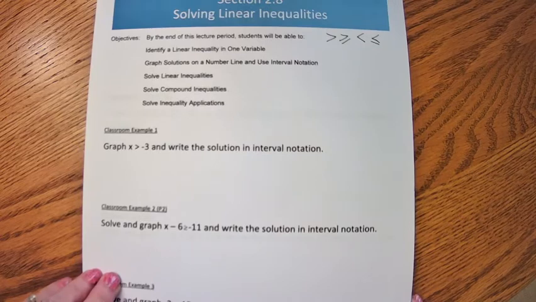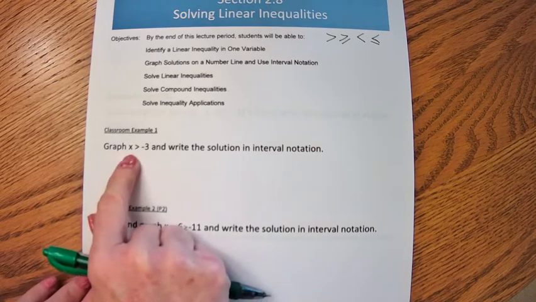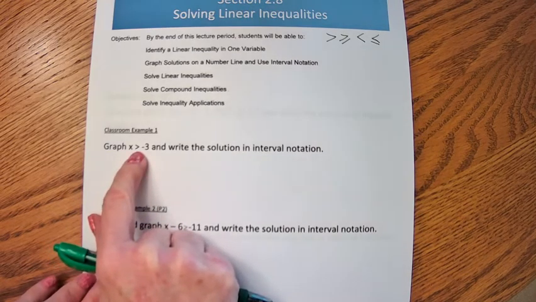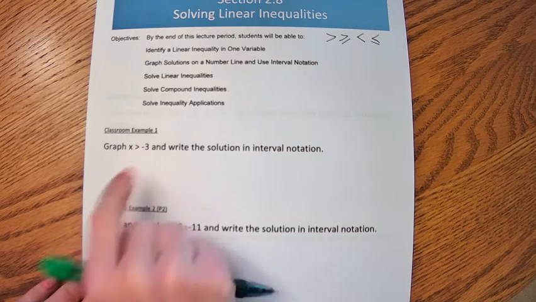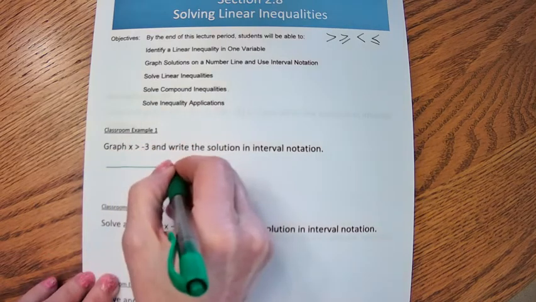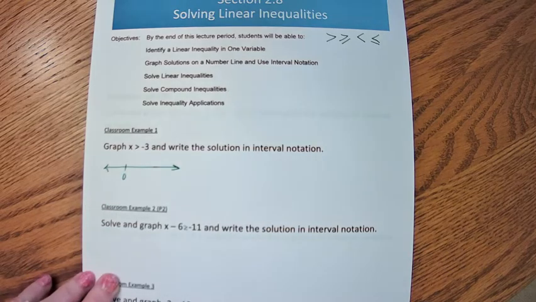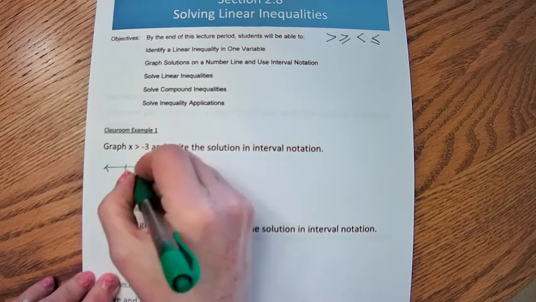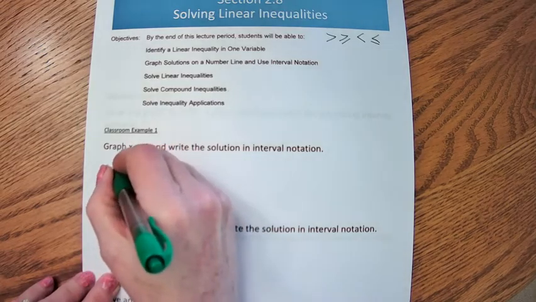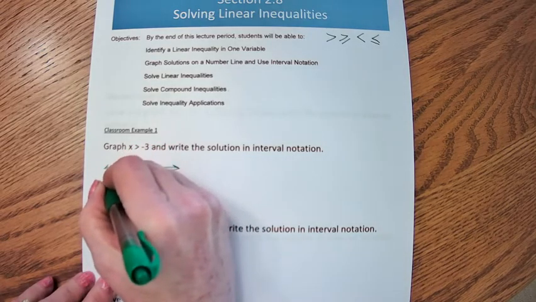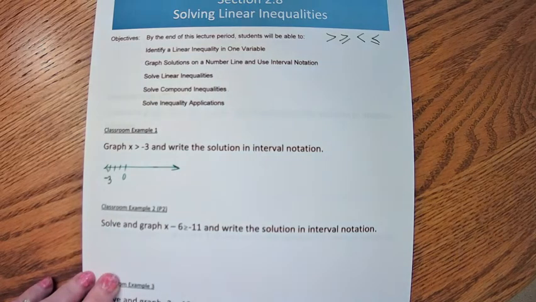All right, so classroom example 1. Graph x is greater than -3. So x can have any value. On our number line, I always like to put 0 so I kind of know where the negatives and the positives separate. 1, 2, 3. Here's my -3 on my number line.